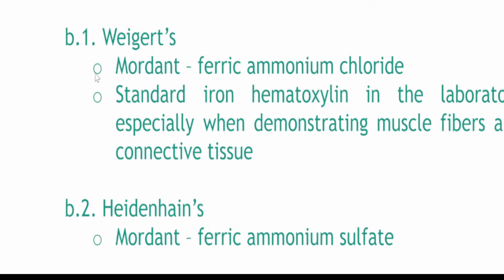Ferric ammonium chloride is the mordant for Weigert's, and it's the standard iron hematoxylin in the laboratory when demonstrating muscle fibers and connective tissue. Heidenhain's iron hematoxylin has a mordant that uses ferric ammonium sulfate. Is it different from Weigert's hematoxylin? It's not, so you don't need to remember. All you need to remember is the mordant for these two.